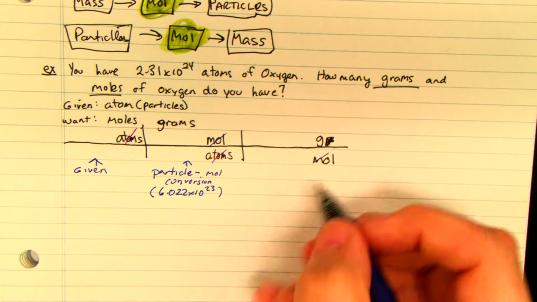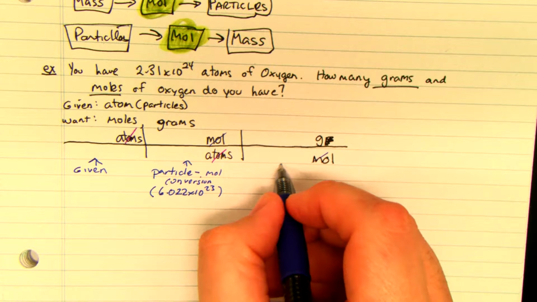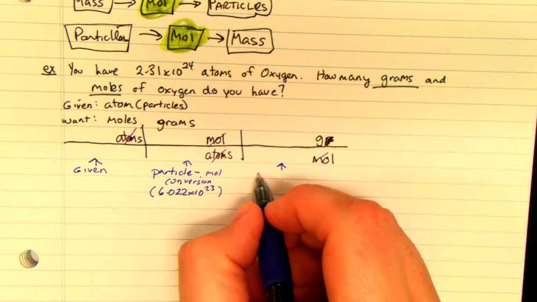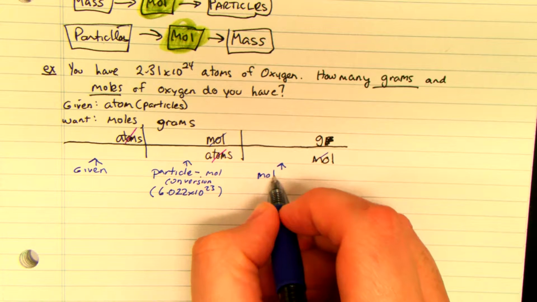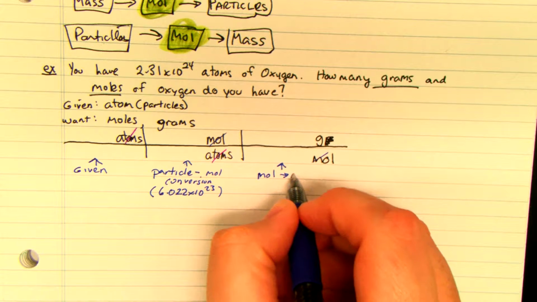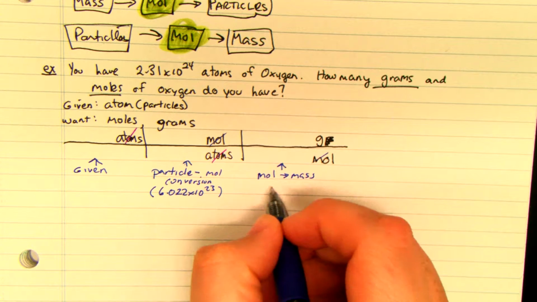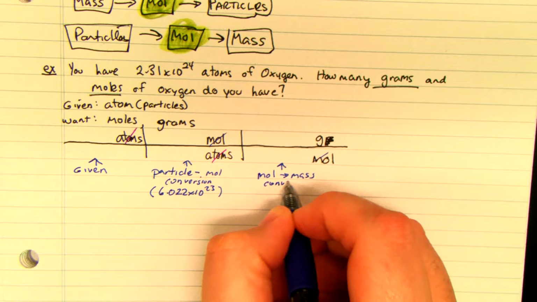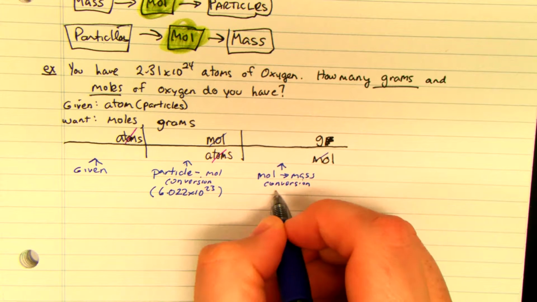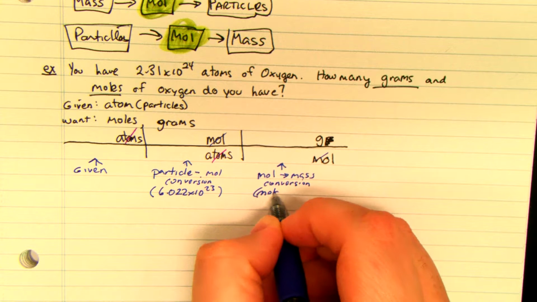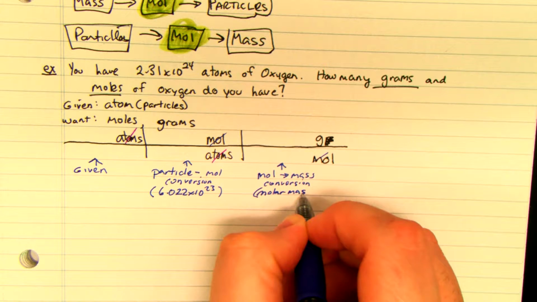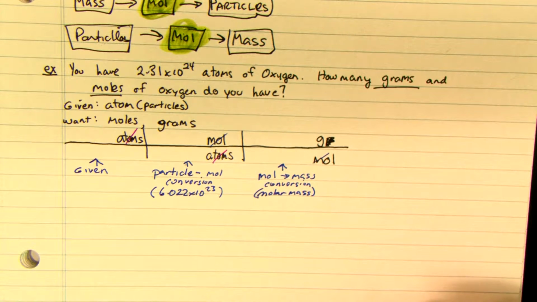Now, this guy right here is mole to mass conversion, which is going to end up using molar mass. So I'm going to have to know molar mass. Now, what element are we dealing with here? Oxygen.